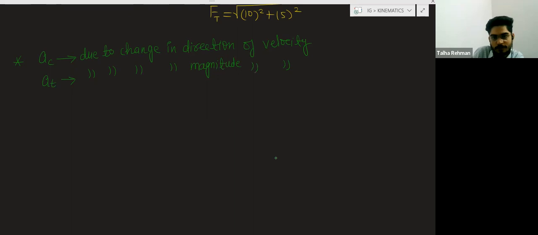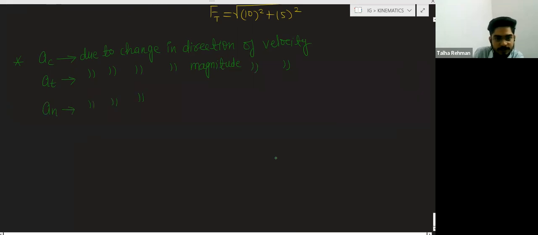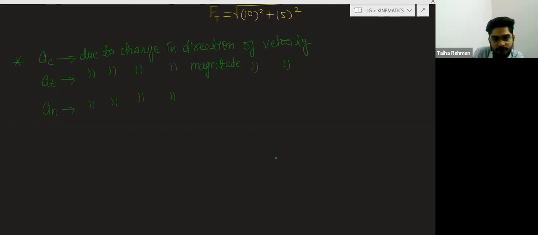And another is the net acceleration. This is due to change in magnitude as well as direction of velocity.